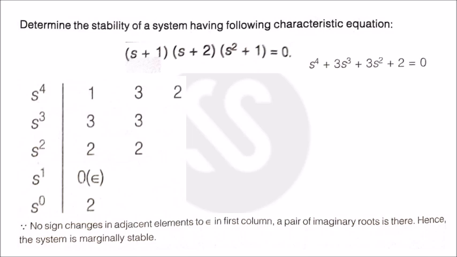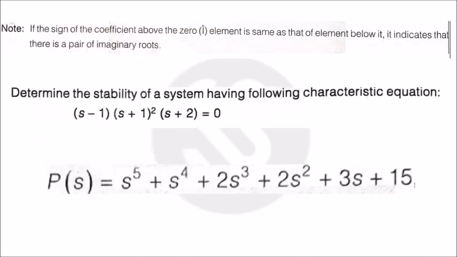Remember this: when you have a 0 in the first column of the Routh array, then confirm that the system is marginally stable. Clear? So take a note: if the sign of the coefficient above the 0 element is the same as that of the element below it, it indicates that there is a pair of imaginary roots.